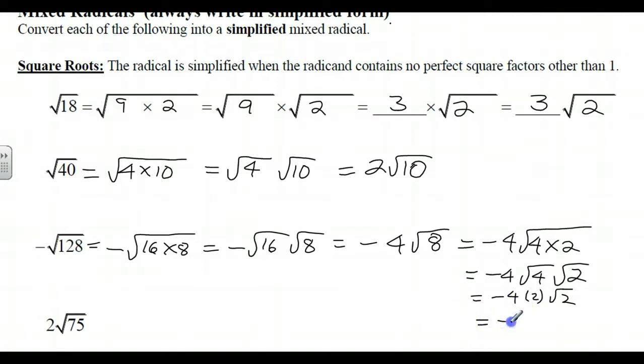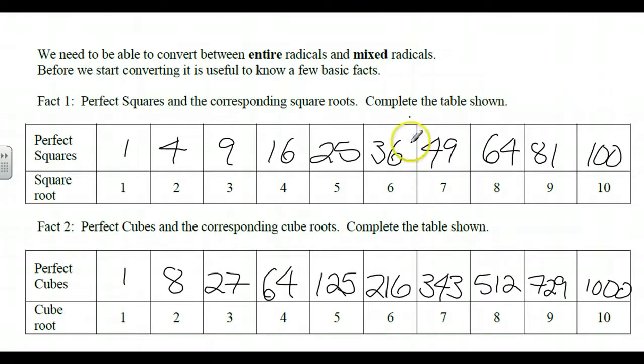So this is negative 8 root 2. Now what that means is, if there's still a perfect square under there, that 8, and there's a 4 there, then really the largest perfect square that goes into 128 is 64.